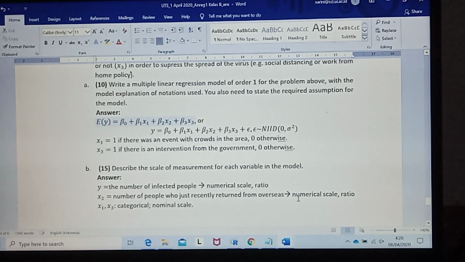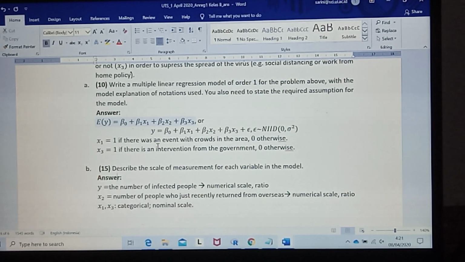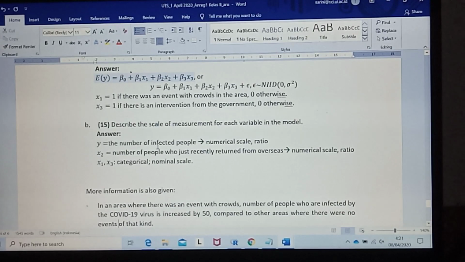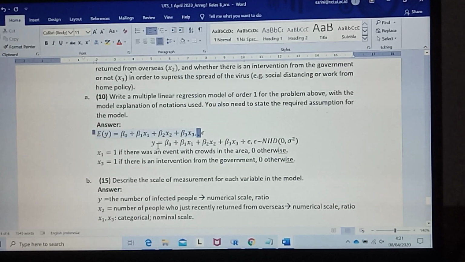You can have different definitions for x1 and x3. I mean that x1 is 1 if there is no event and 0 otherwise, and x3 is 1 if there is no intervention and 0 otherwise. You can do it the other way around like that. Okay, so there are 4 questions in part 2, A and B.